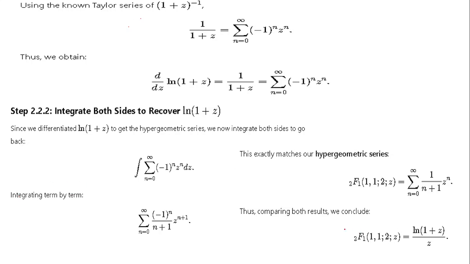Now we have seen that the hypergeometric series for this whole thing, 1, 1, 2, and z, is equal to this. But remember, the question was 1, 1, 2, and minus x.